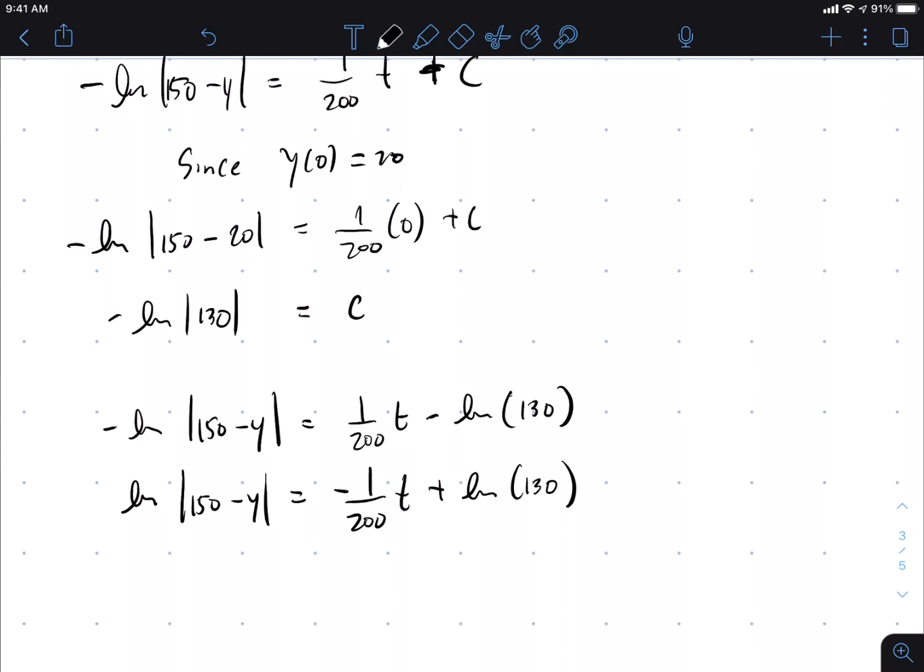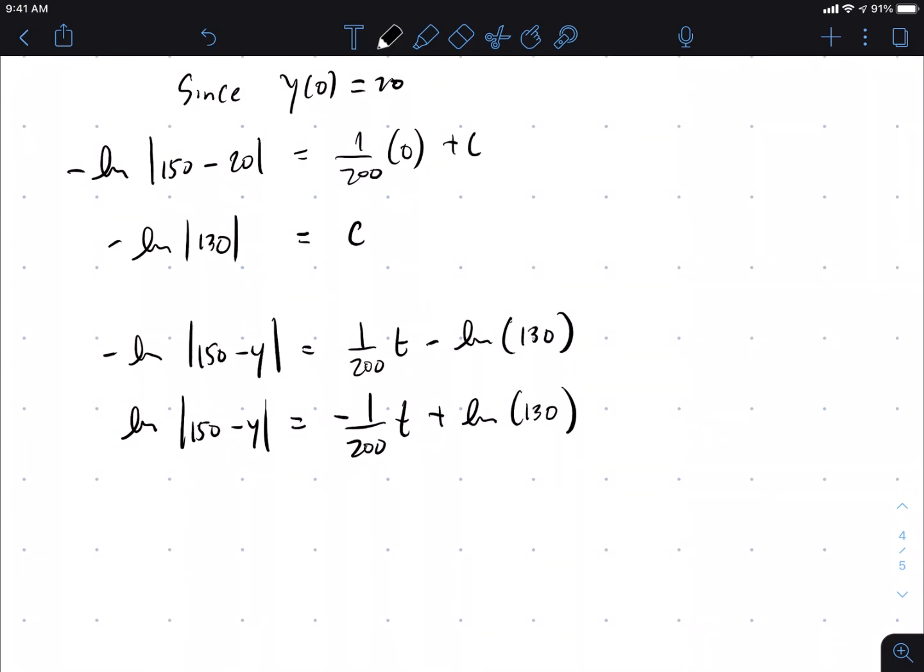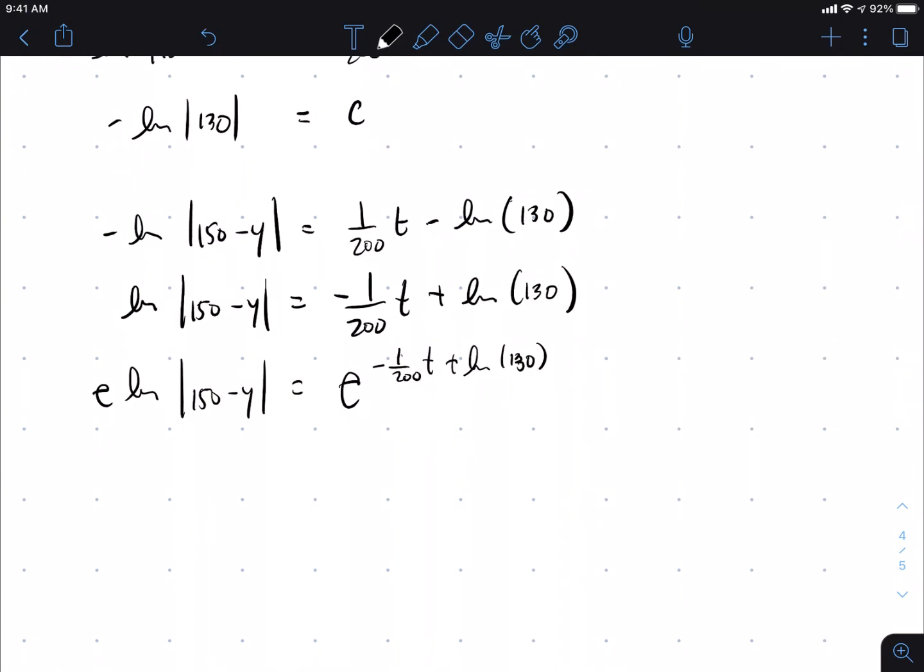All right, you ready? Now, in order to be able to solve this, I need to take e of both sides. And that's going to give me 150 minus y equals 130 e to the negative t over 200. Correct?